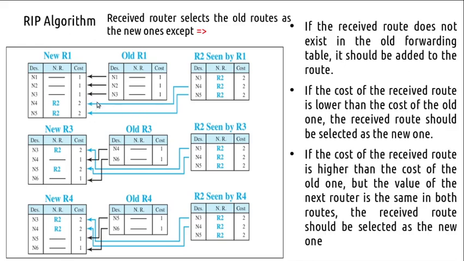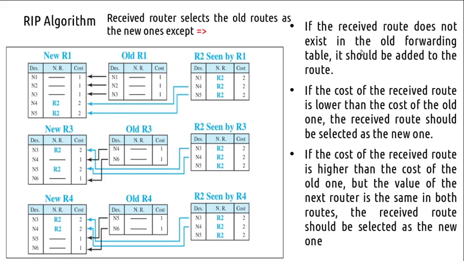So these three conditions apply when you update the routes. It will select the new routes only in these conditions; otherwise it will retain the old routes, whatever was existing.